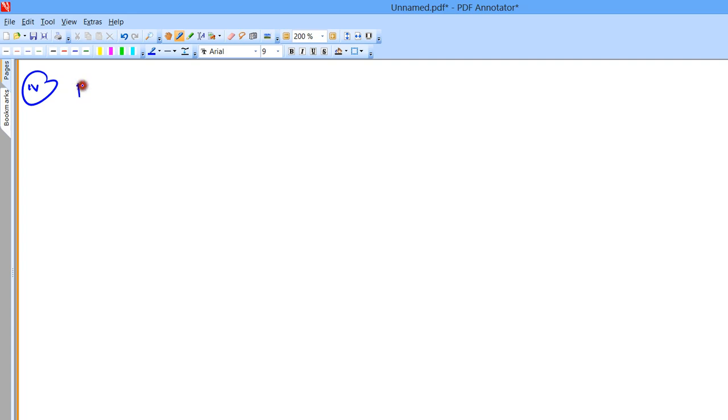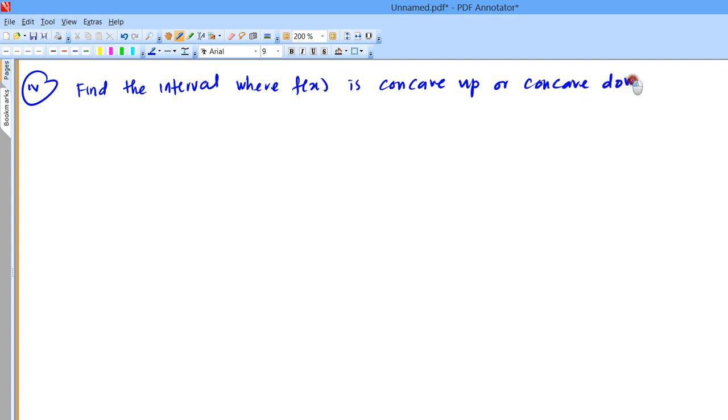We want to find the interval where f(x) is concave up or concave down, and hence determine the inflection point.